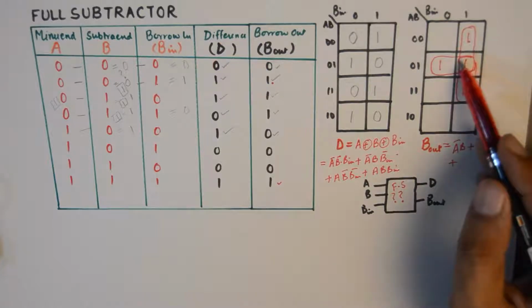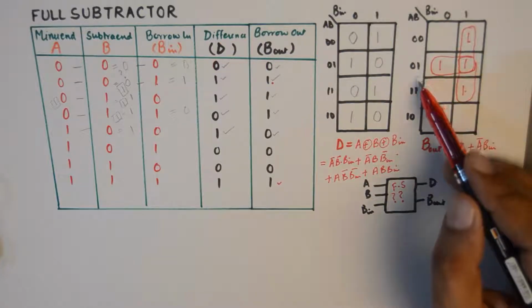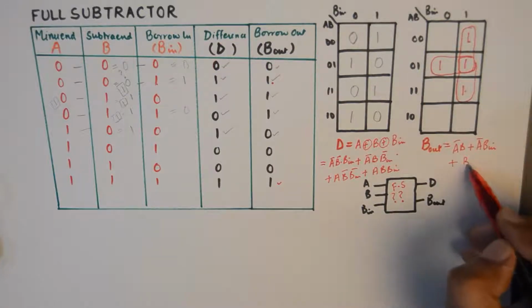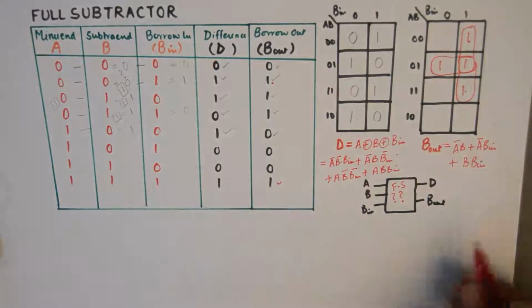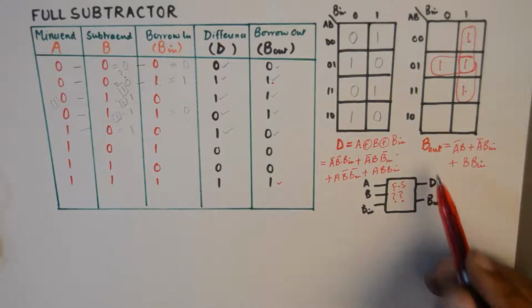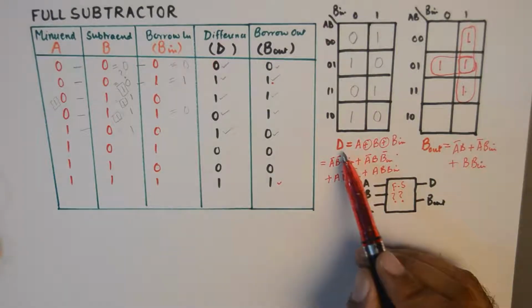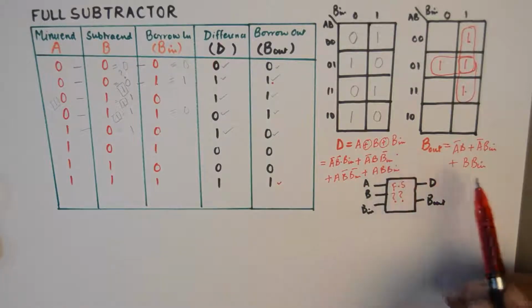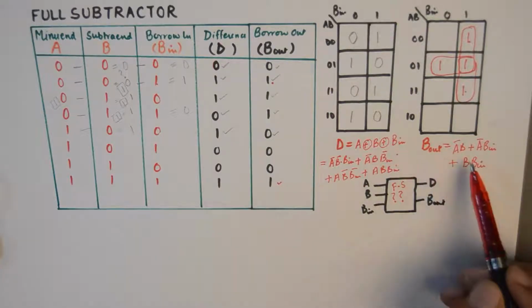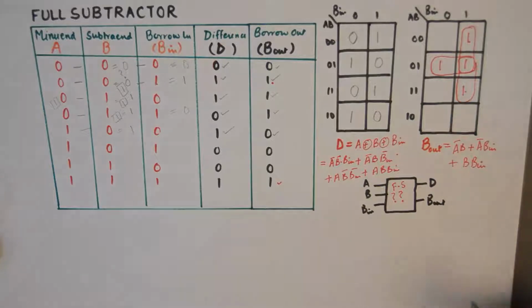And the third one will be B B in. Alright, so what we got here is the expression for difference is A XOR B XOR B in, and the expression for borrow out is this one.